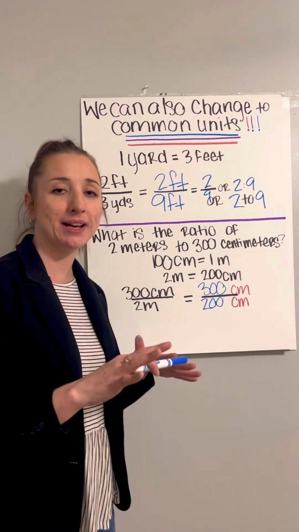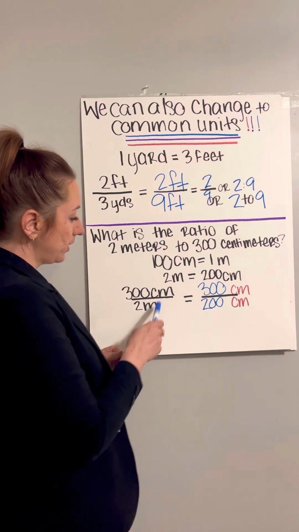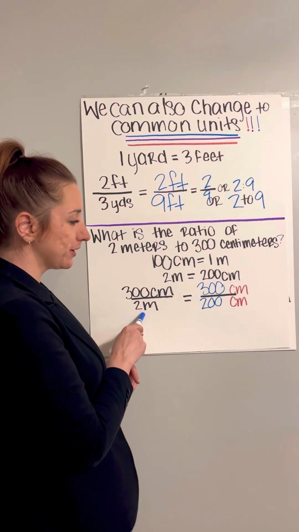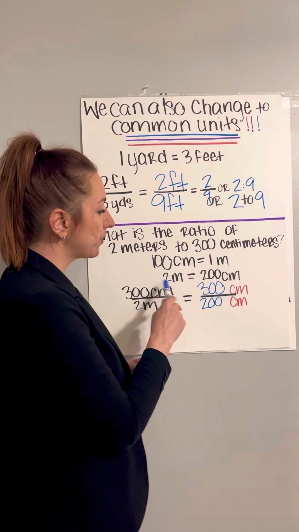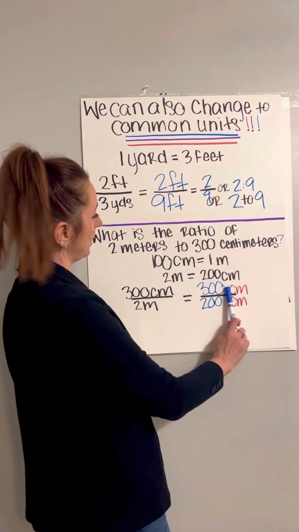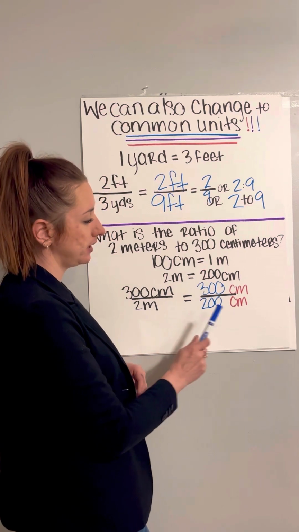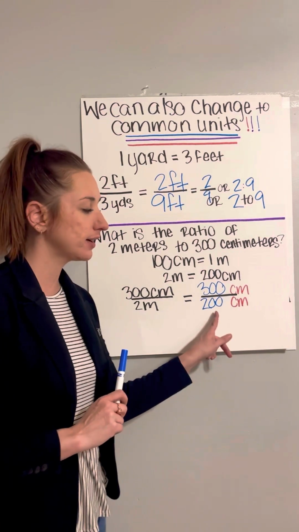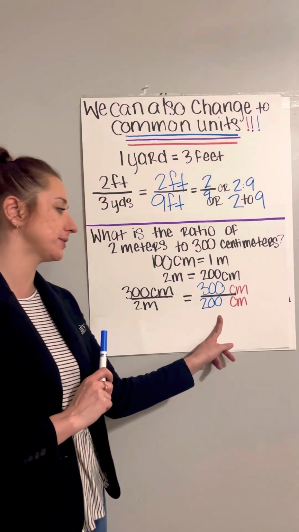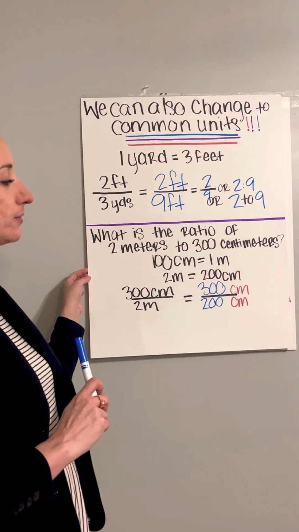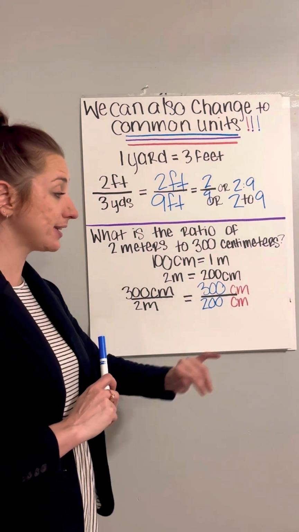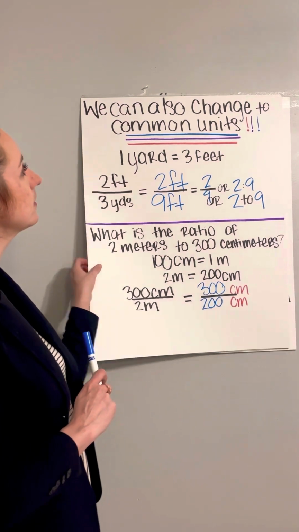We would just plug that into our ratio: 300 centimeters over 2 meters. We keep centimeters, so we change 2 meters into centimeters, giving us 200 centimeters. So the ratio is 300 centimeters to 200 centimeters.